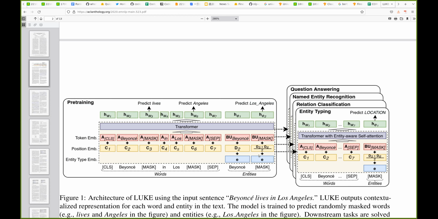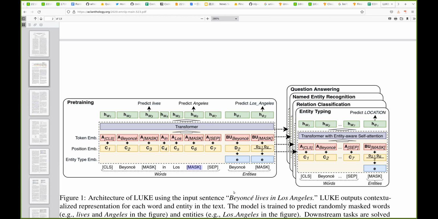It wants the neural network to know that this masked position is not a named entity, but this masked location is a named entity. And that's how it does named entity recognition.